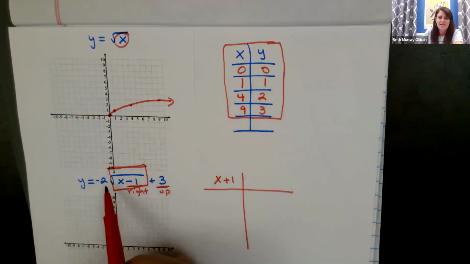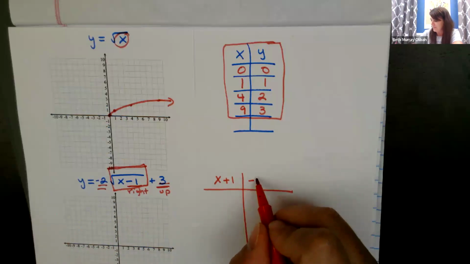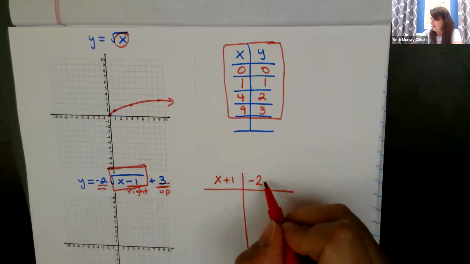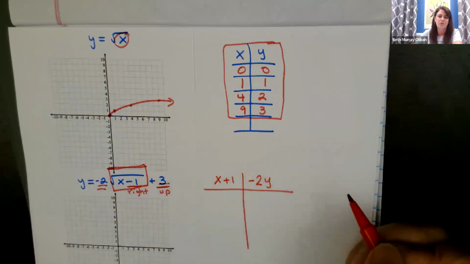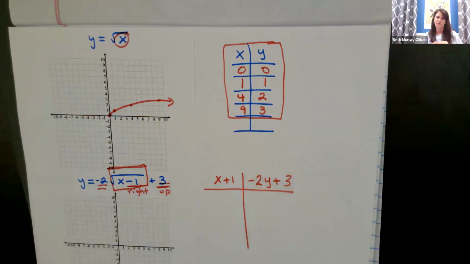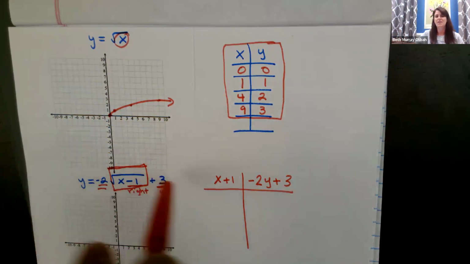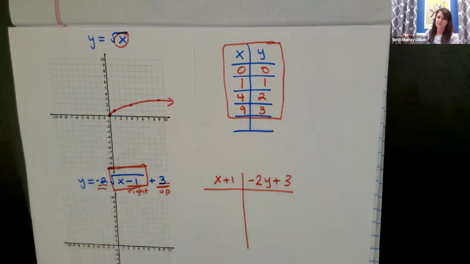For the y, I need to deal with this -2 that's being multiplied out here and this +3. And you do not do the opposite. So when you see a -2 out front, you're going to put a -2 times the y. And when you see that +3, you're going to put +3. So opposite of what's happening inside, but what's happening outside, you just do exactly that to the y values.